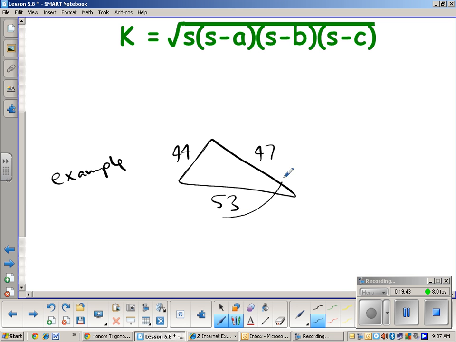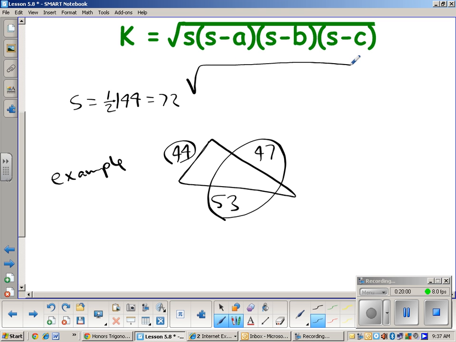So hopefully you saw that's 100 and that makes 44. So 144. And so S is going to equal half of 144, which is 72.